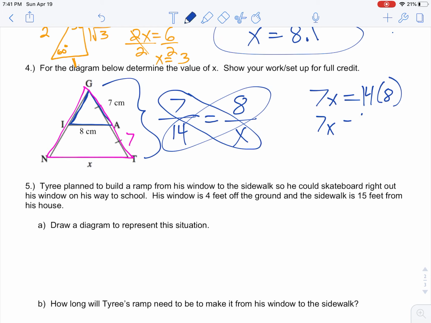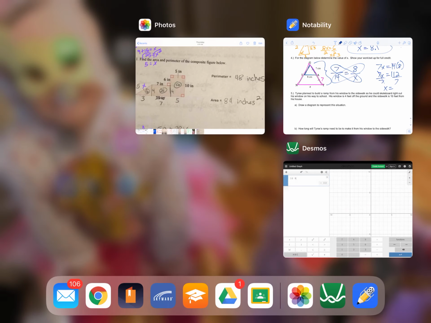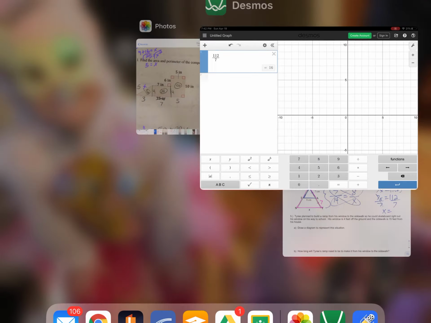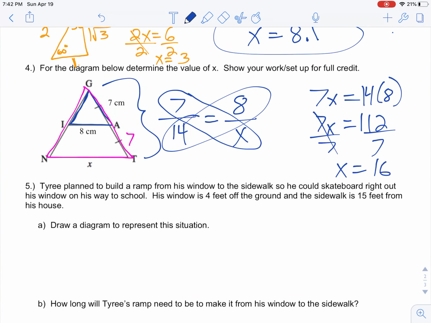Let me rewrite that. And then we would divide by 7 to get x. 112 divided by 7 would give us 16. So x is 16. So it looks like it's double the size.